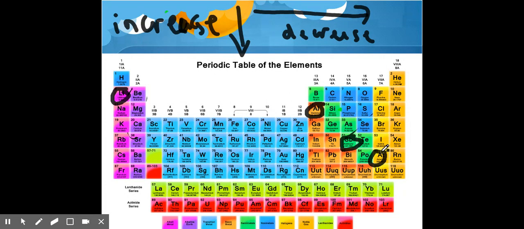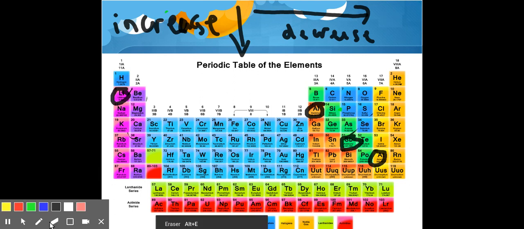Okay, so we're filling different energy levels. So this one should be really easy. Astatine would be the largest because it's the furthest down. It has the most electron shells or the most energy levels filled. And lithium has the least number of energy levels or the least number of electron shells, so it would be the smallest. Let's try a little bit more challenging one.